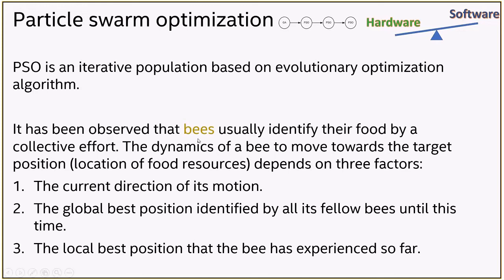Very similar concept: the bee has to cover a lot of flowers with a short distance. In such scenarios particle swarm optimization is very useful, where there is a current direction of motion, a local best for this particular bee, and a global best shared with fellow bees.